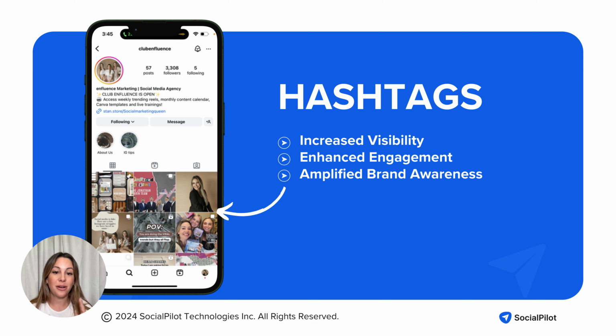So, hashtags help increase your visibility because they're actually used as like a search tool. They can enhance engagement. Hashtags allow you to connect with a broader audience because people are searching these hashtags because they're interested in that content. So if your content pops up from using that, these people are probably going to engage with you.